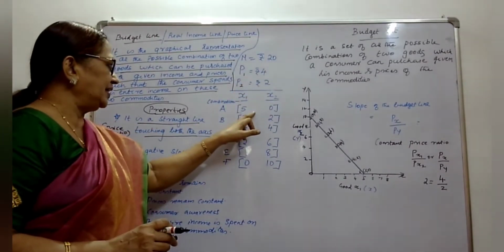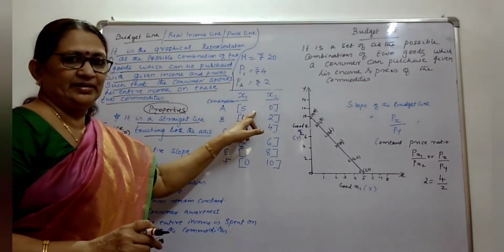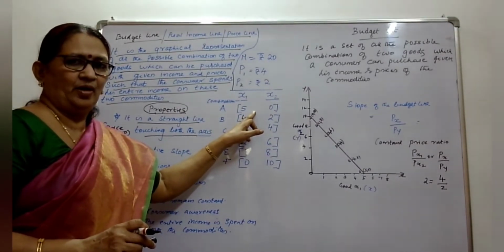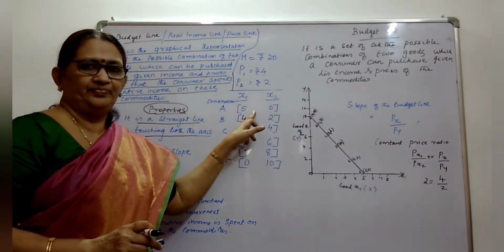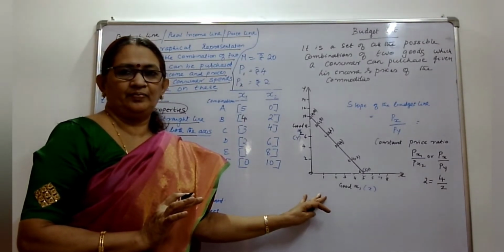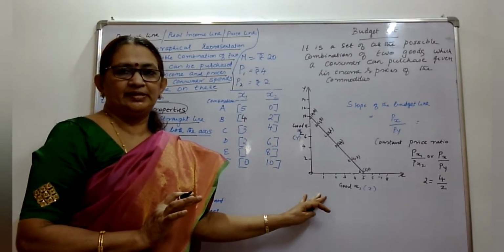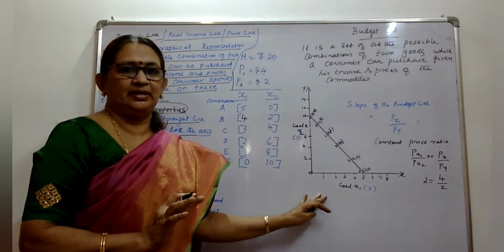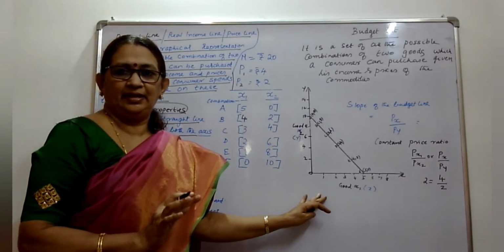Now we will check these bundles, whether they are equal to income, more than income or less than income. So how can we derive the budget line equation? The consumer can purchase either equal to his income or less than his income.